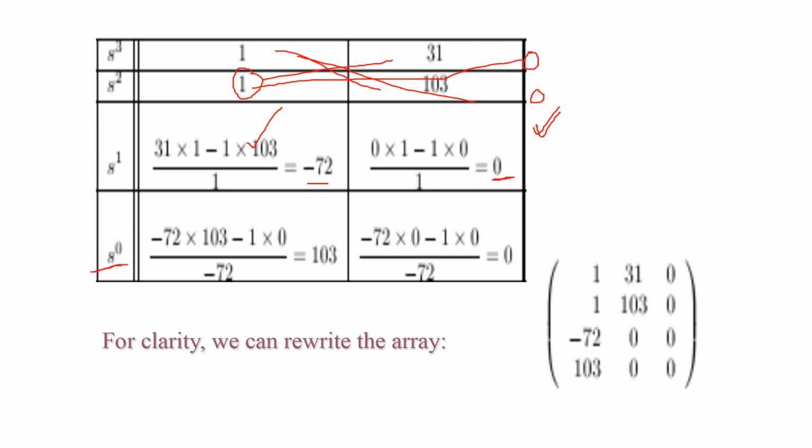Similarly, go for s power 0: minus 72 into 103 minus 1 into 0 by minus 72, and that value is 103. Similarly, minus 72 into 0 minus 1 into 0 by minus 72, and that value is also 0. For simplification, write this table in matrix form.